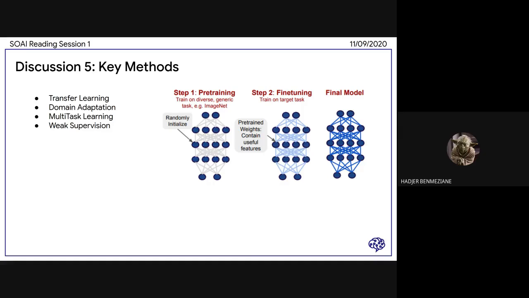We can also have weak supervision by having an image classification on Instagram and using the tags of Instagram as the classes. The tags are not certain to be what is on the image, but we use them as weak supervision to train our model in a supervised learning way.